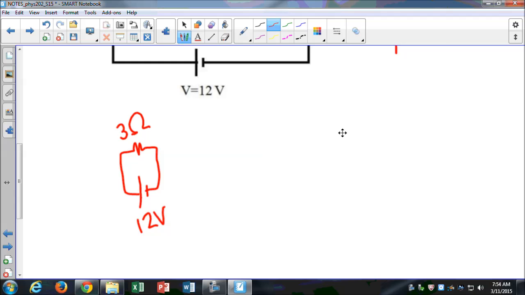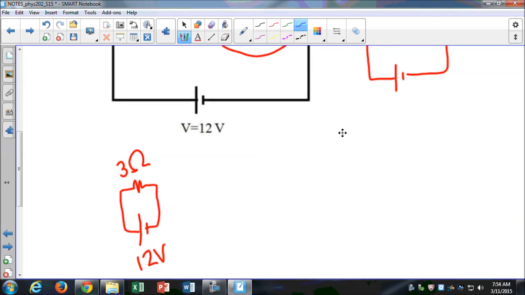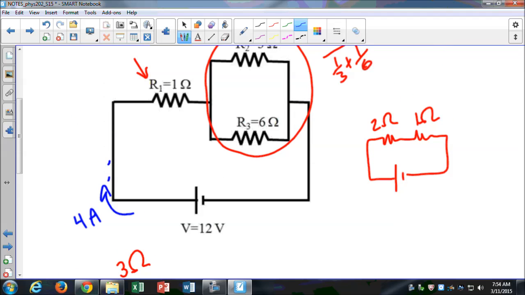All right. Now I want to know what is the current and what is the voltage on each of these resistors. What is the current through this resistor? It's going to be 4 amps. And I can tell that because if I go down to this circuit, I know that this current, I, is V over R. That's 12 over 3, which is 4 amps. So that means I have 4 amps going through this branch. That's my total current. And that 4 amps travels around here, and it goes straight through this resistor.